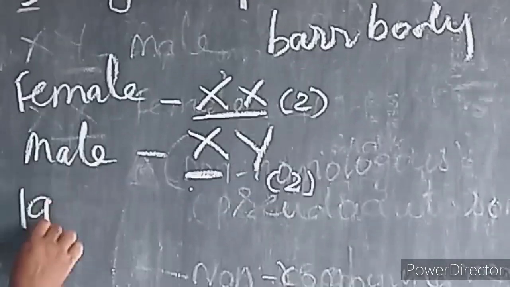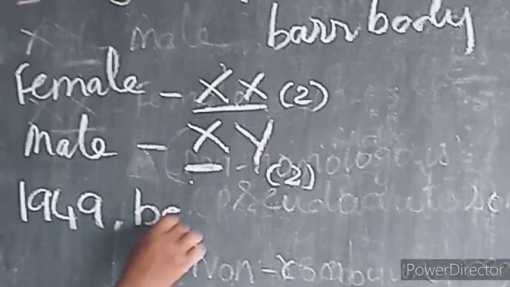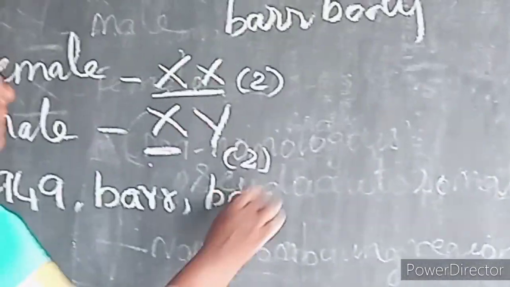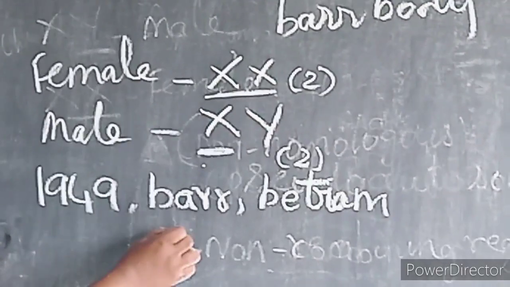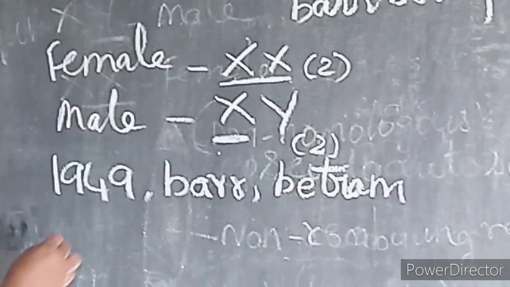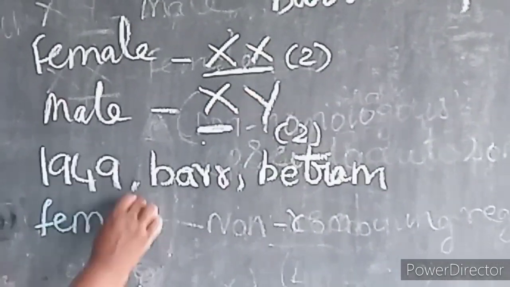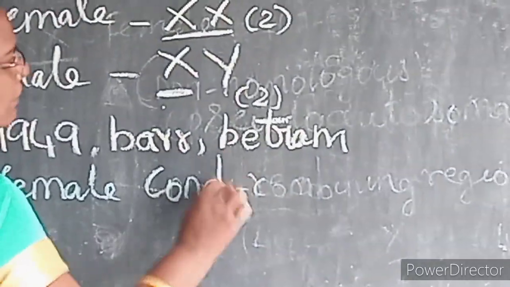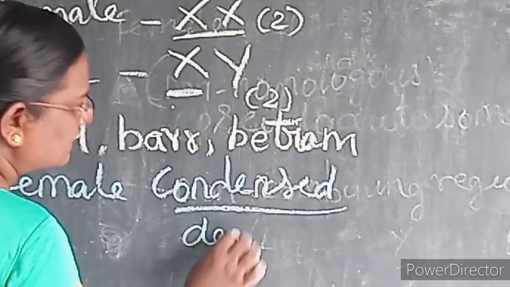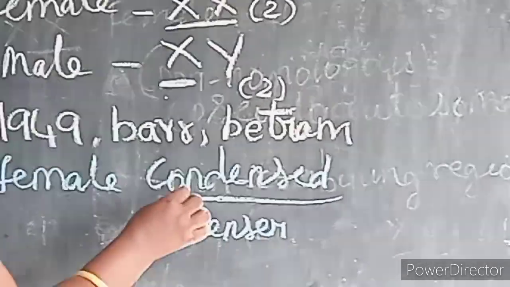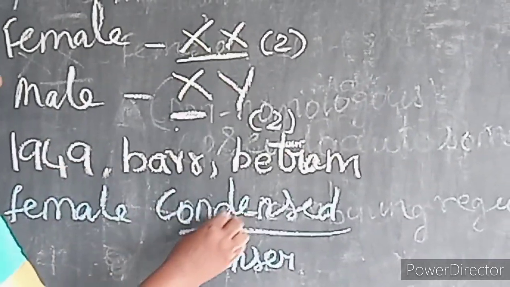In 1949 Barr and Bertram observed the Barr body. In the female they observed a condensed body. What is the meaning of the word condensed? That is denser or thicker, tightly coiled.